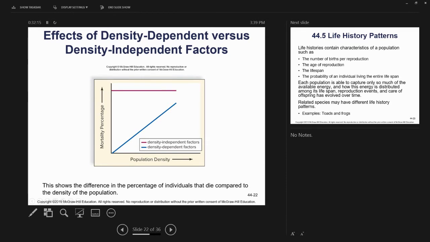If this event happens, an earthquake, a forest fire, a hurricane, everybody in its path is wiped out. Density-dependent, well, the effect of it, the mortality rate, is low at lower population densities. Disease doesn't spread as readily if we're spaced out, if we're spread apart. As we get closer and closer together, disease spreads more quickly.